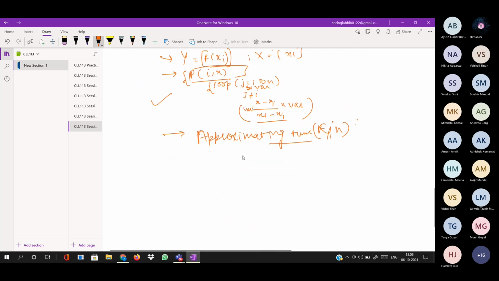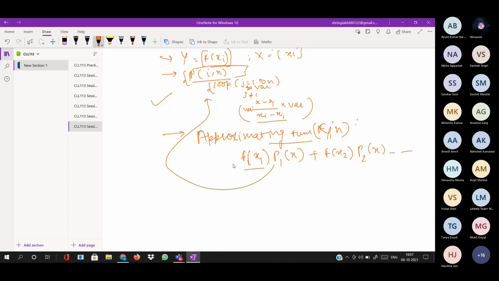We'll approximate it by f(x1). You have the value. You have the polynomial. This you will write by this. Then you write f(x2) P2(x) and so on.